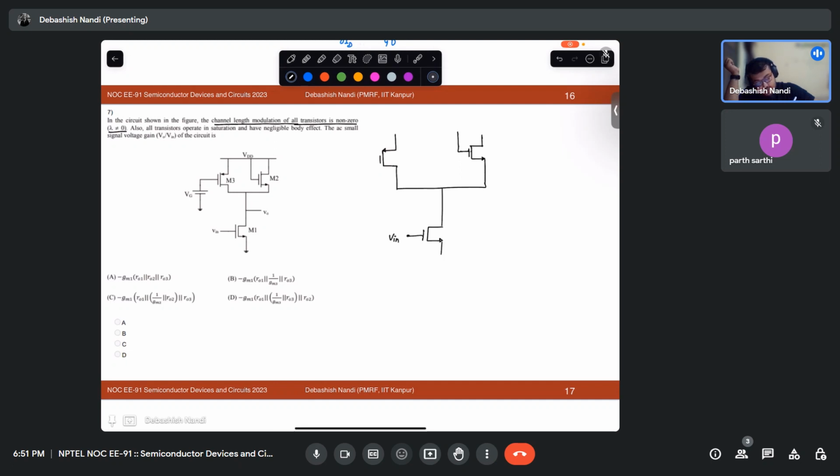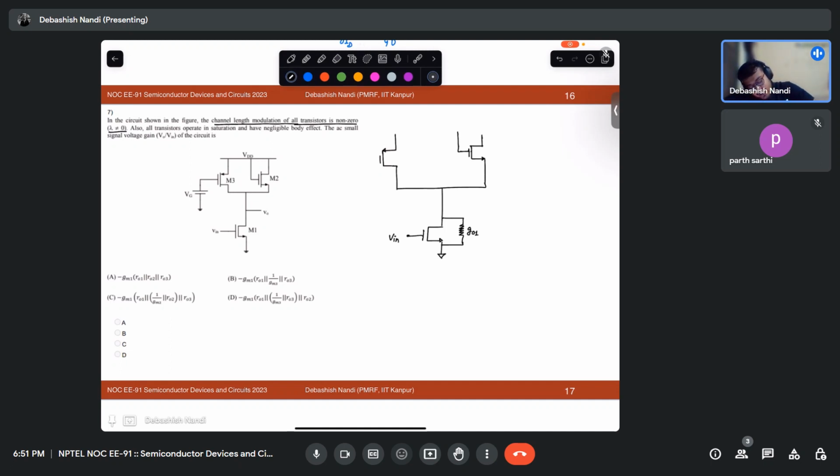This is V in. There will be one resistance here. Let's call it RO1 or 1 over GDS, same thing. Or let me call it GO1. It is easier for me to calculate in terms of conductances.